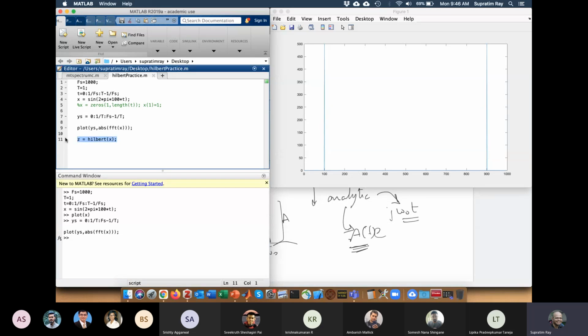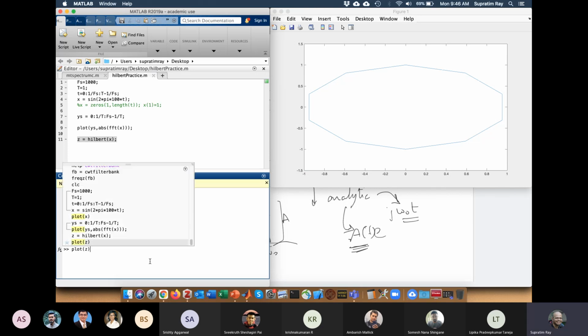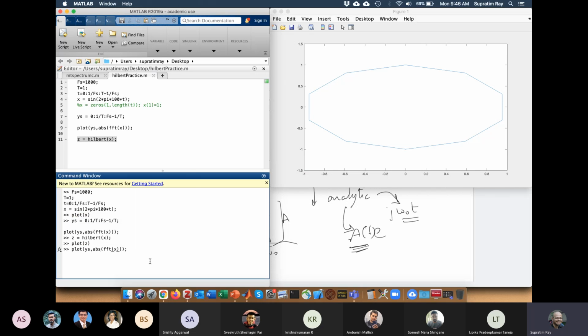Now, the analytic function is obtained by this formula, and I'll tell you why it's called Hilbert. So now if I try to plot Z, this is complex. First, let's plot the abs FFT of Z. And notice now that it has wiped out this 900 one. 900 and minus 100 are equivalent.